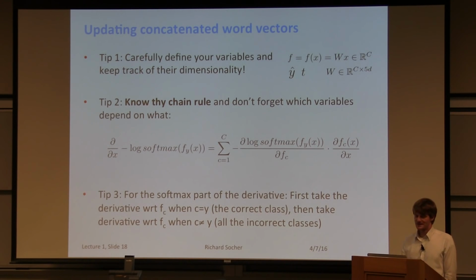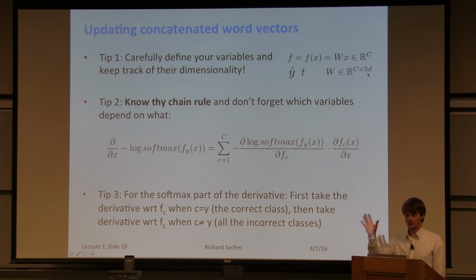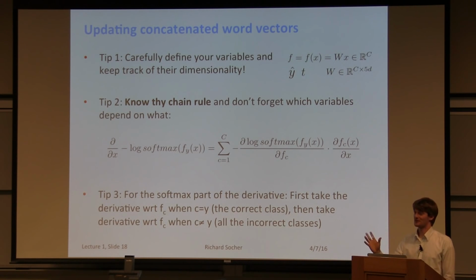All right, so let's say in our case here we had a window size of 5. So we have 2 words to the left, 2 words to the right, trying to classify the center word x. And each of them is represented as a d-dimensional vector. The first thing is not just to define your variables, but also carefully keep track of their dimensionality. Because whenever you have any multiplication in your derivations, you already know just from understanding what matrices you can multiply with other matrices or vectors, and they don't actually are proper multiplications.